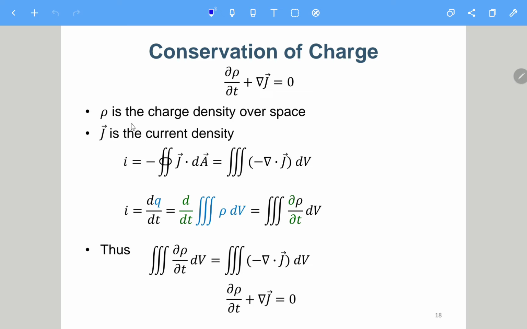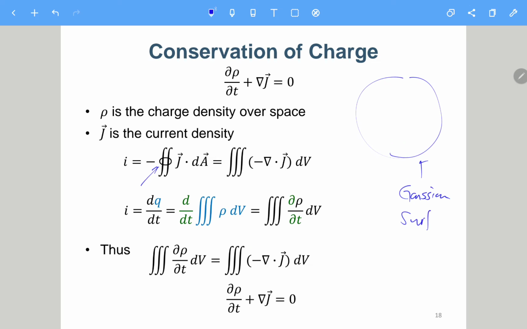Okay, so let's start from some definitions we are familiar with. First is the current and the charge density. Here we have a negative sign, and also a circle on the double integral, which means that we define a Gaussian surface.